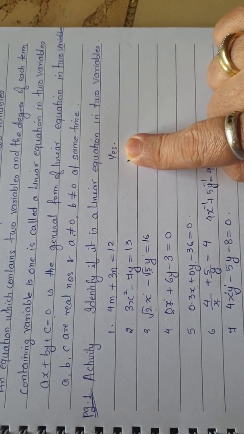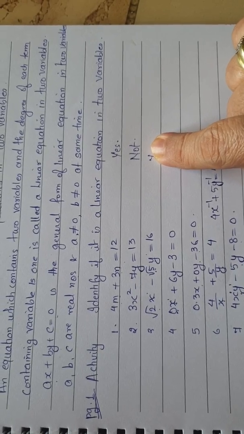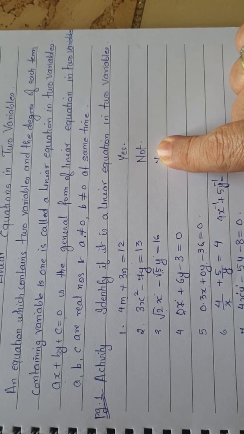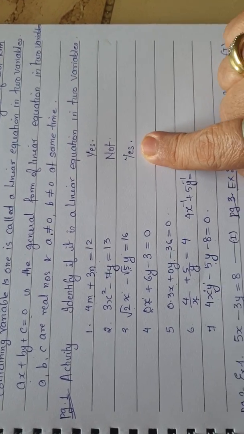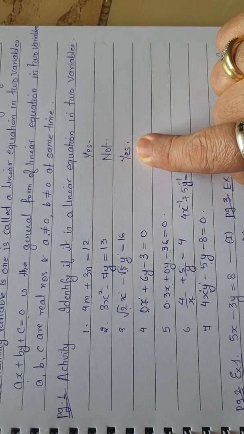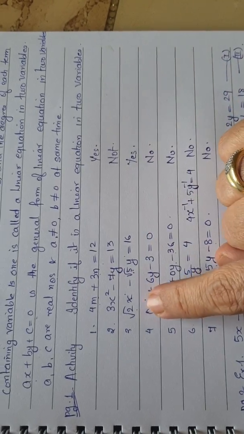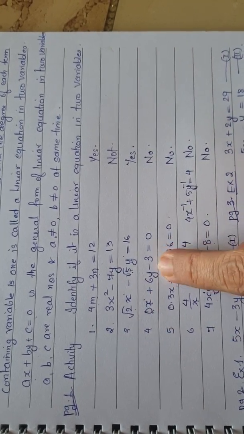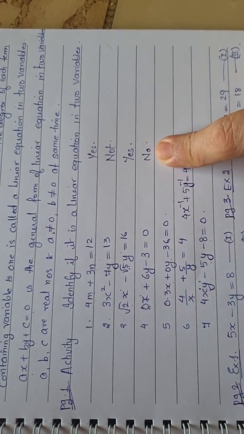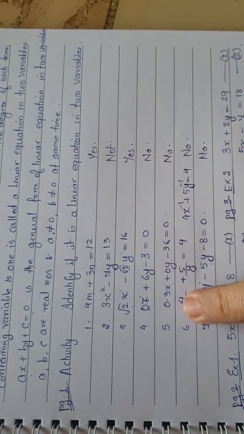So sorry, it is not a linear equation. Third one, again I can see the variables x and y, the degree of both of them is 1. So yes. Moving on to the fourth one, 0x plus 6y minus 3 is equal to 0. If you see, the x term becomes 0, so it becomes a linear equation in one variable. Hence it is not a linear equation in two variables.